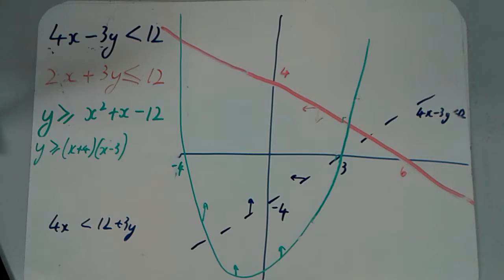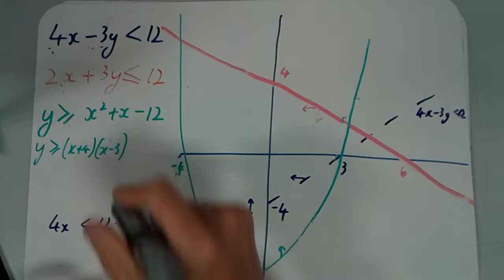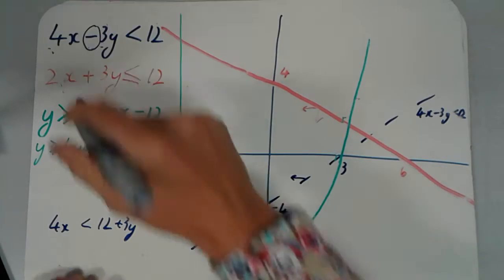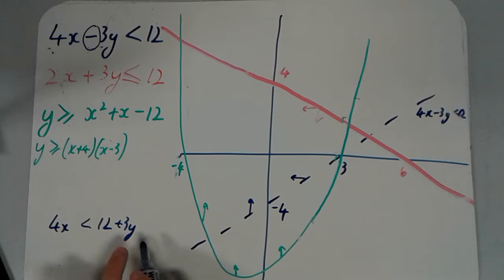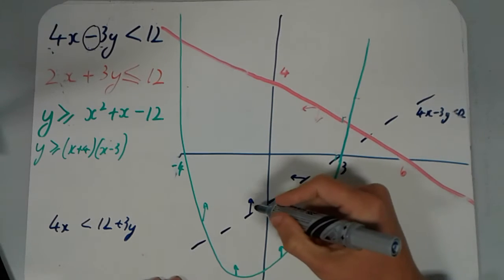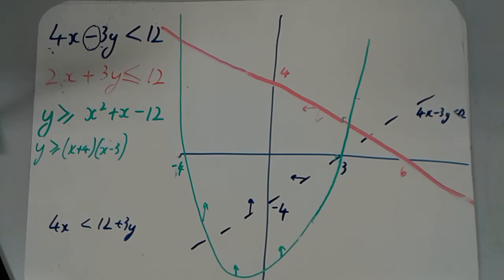So that just reminds us we must be very careful. Whenever we have negatives in our equation, it may be that we're on the opposite side of the line to what we think. It's much safer just to add the 3y to the other side, look at that, and that tells us that y is on the greater side. So we will be looking at the region above this blue line.